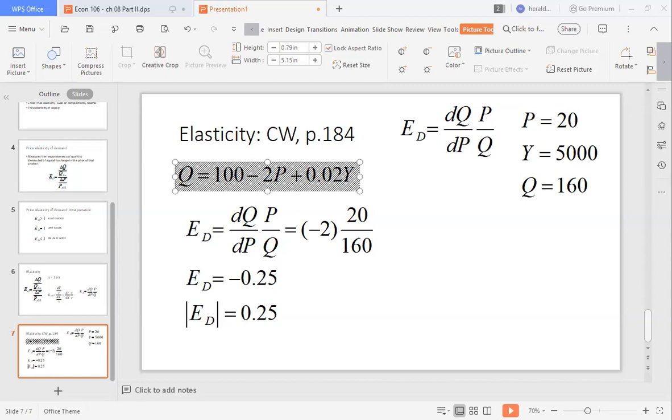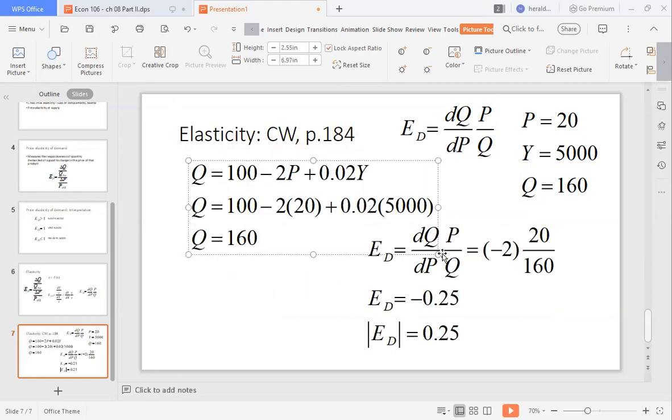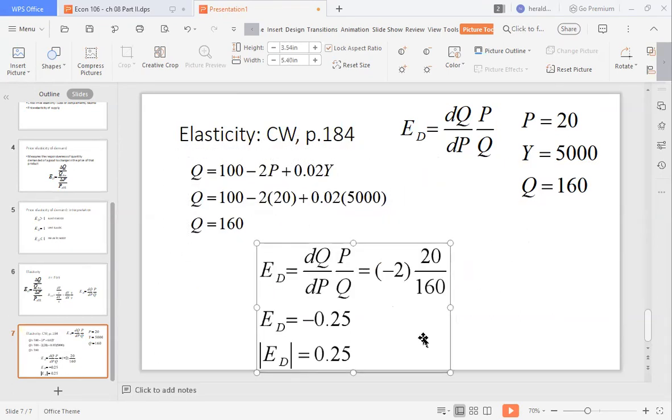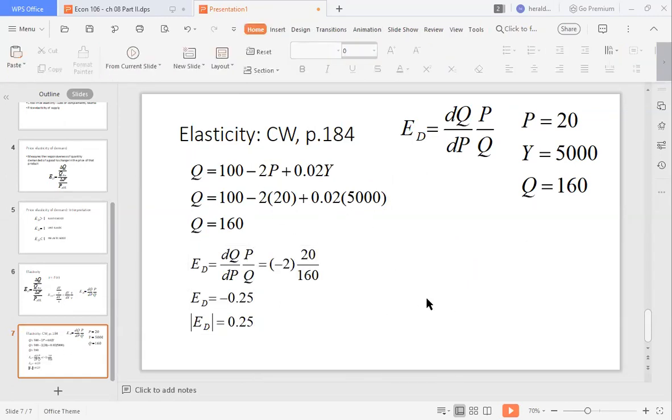Okay, here's a complete picture of what we did. Again, this is a bit disorganized already. So how did we arrive with 160? This is how we got 160. Okay, so other questions?